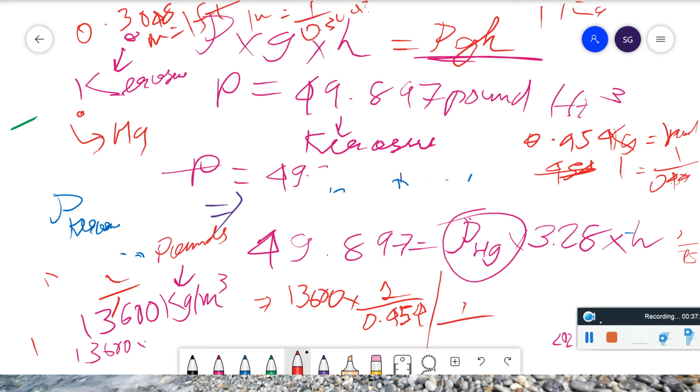That is 1 upon 0.3048 cube. Fine, so no issues in that. 13,600 into 1 upon 0.454 gives the pounds, divided by 0.3048 cube.